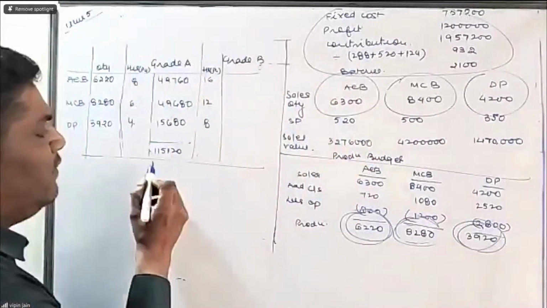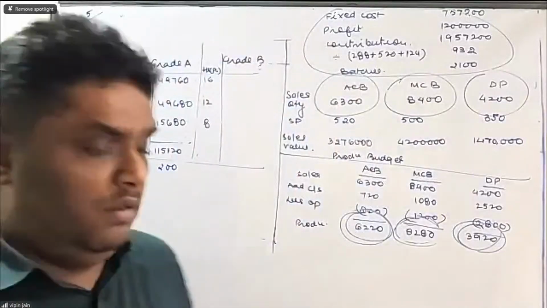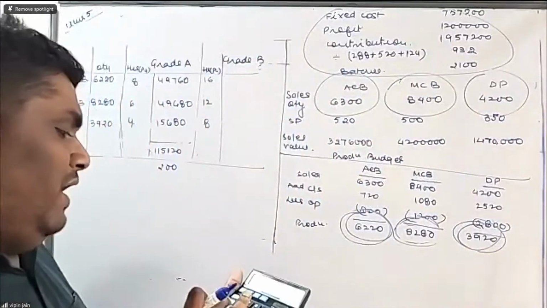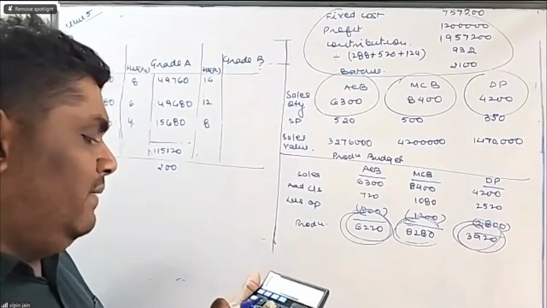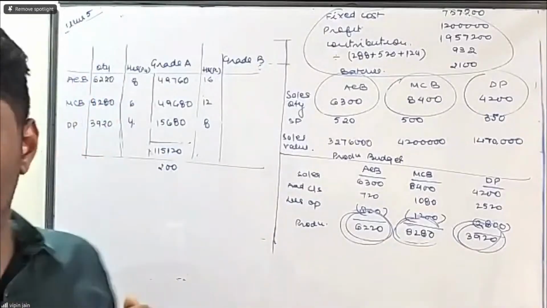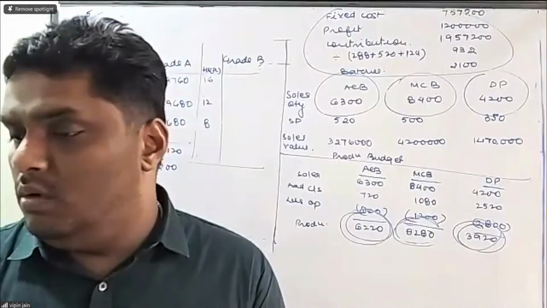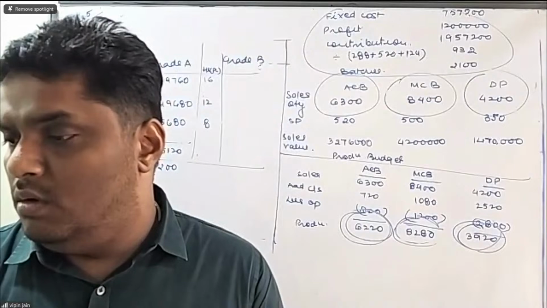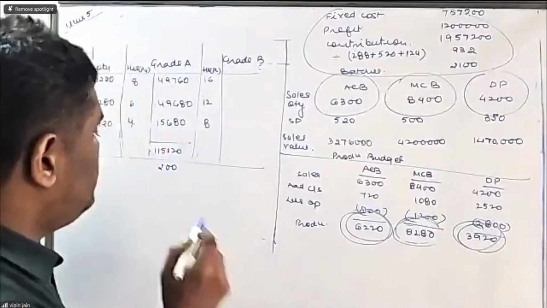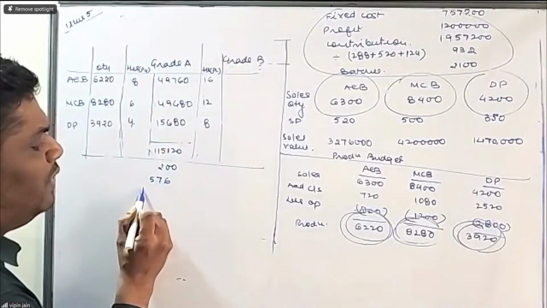It means a worker works for 200 hours in a month. So 115,120 divided by 200. So in short, we need 576 workers.